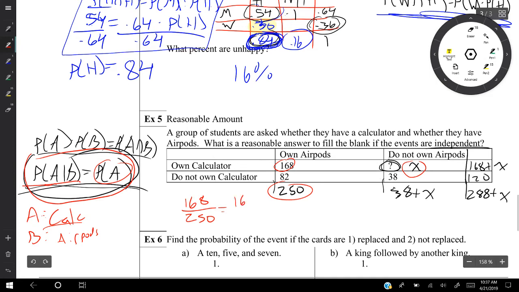That should be equal to the probability of owning a calculator in general. What's the probability of owning a calculator? Well, how many people own a calculator? 168 plus x all over 288 plus x.